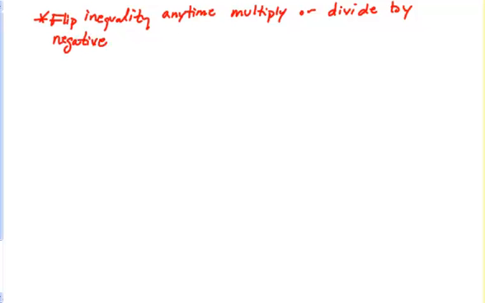And notice I say any time you multiply or divide by a negative number. That's because guess what? This thing can flip more than once. If I did that operation more than one time, with a negative being multiplied and a negative being divided, it can flip a couple times. That's not a very common thing, but it can happen.